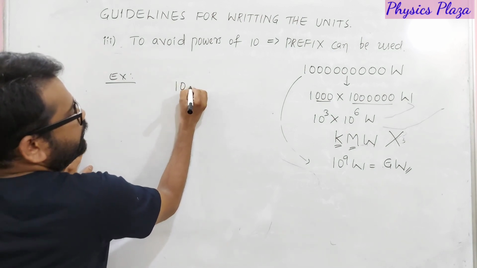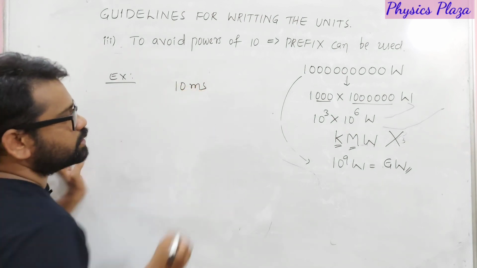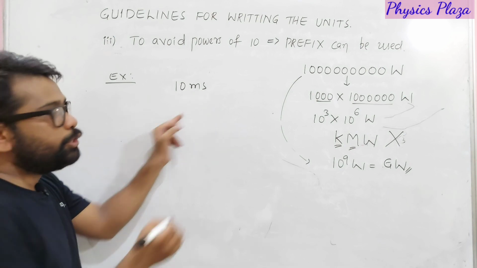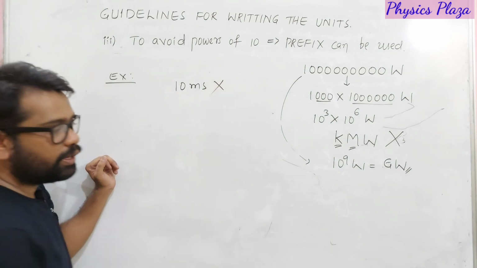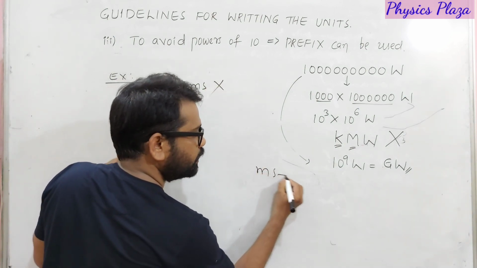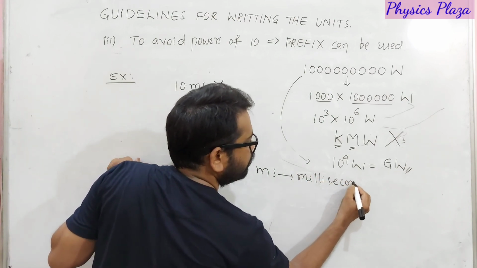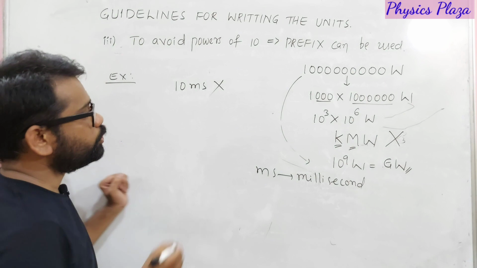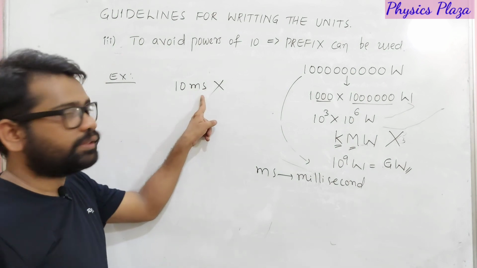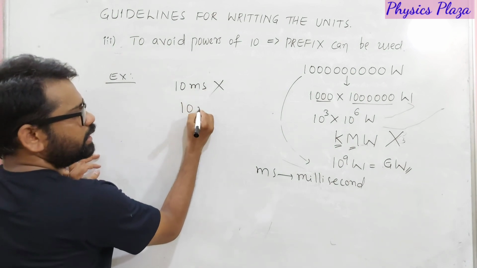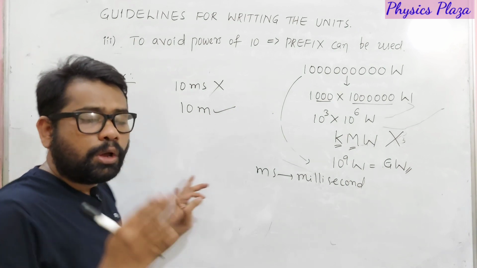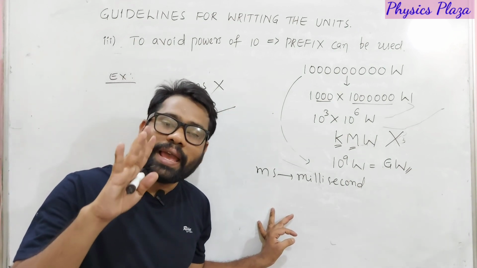Some children will write 10 ms. You cannot write like this. Why? ms is millisecond, so the meaning itself will change. So simply we write 10 m only. Plural forms are not accepted.